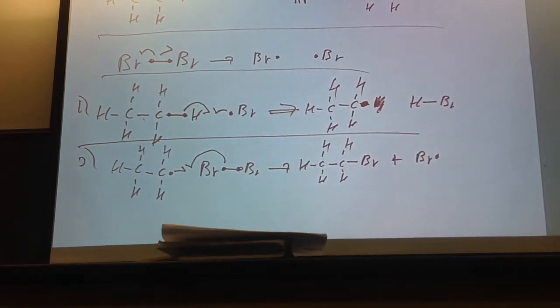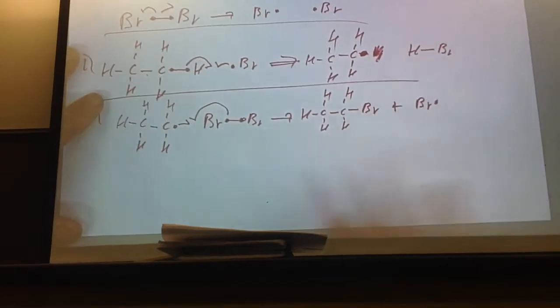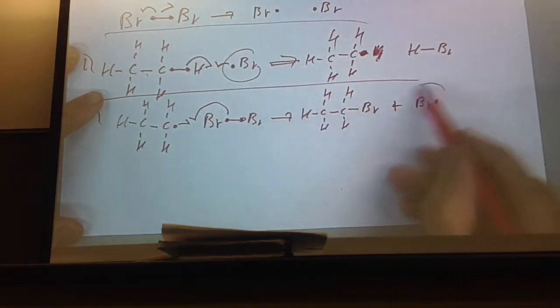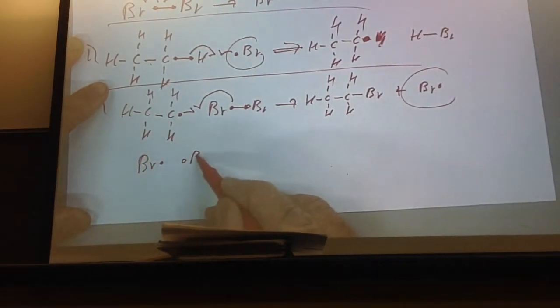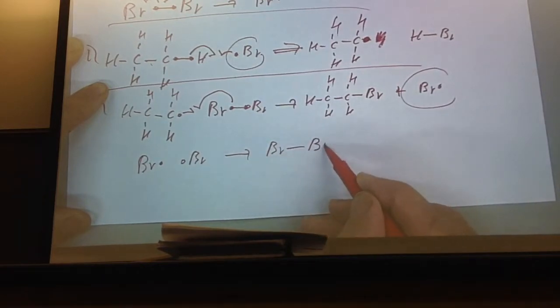And then a chain terminating step. There are three possible chain terminating steps, and I don't care which one you give me. You can have this radical and this radical collide. They annihilate each other basically. Once the radical is destroyed, the chain stops.